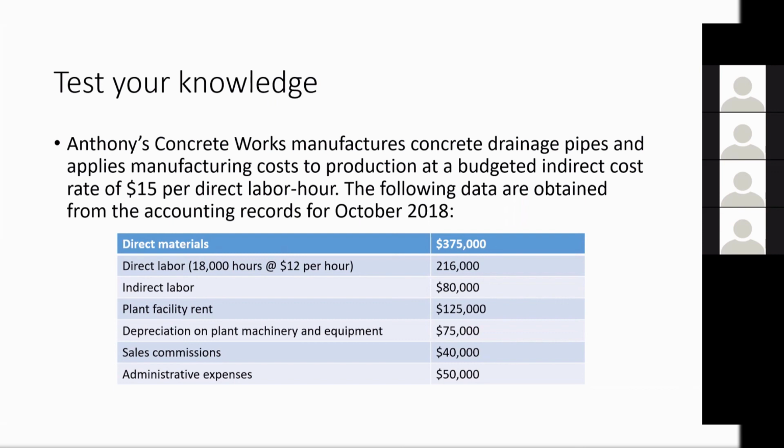All right, so prime costs are the direct costs, direct materials and direct labor. So the answer is A and B on that one.